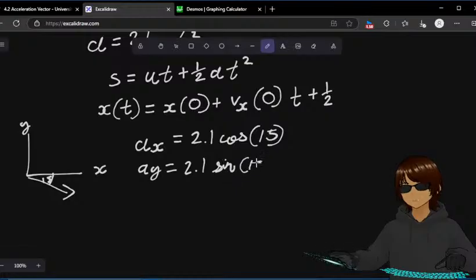Sine 15. So then we have this t squared.